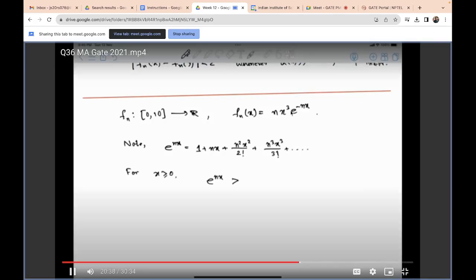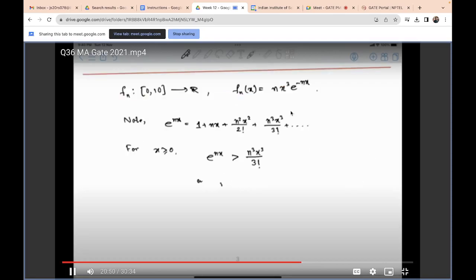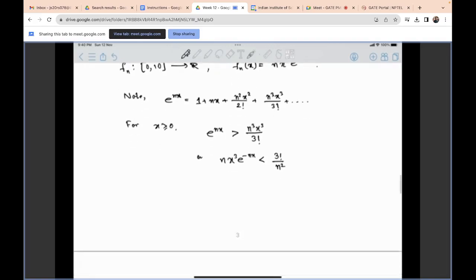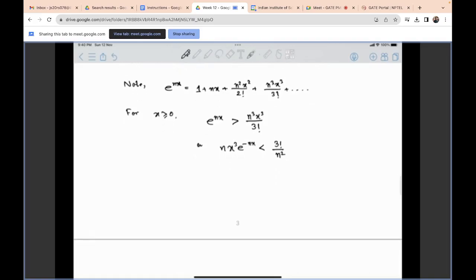So e to the power nx is bigger than the cube term, n cube x cube by 3 factorial. Taking e to the power minus nx to the other side, you can write this to be less than 3 factorial by n square, right? So if you simplify, you will get this one, and this is the fnx, right?